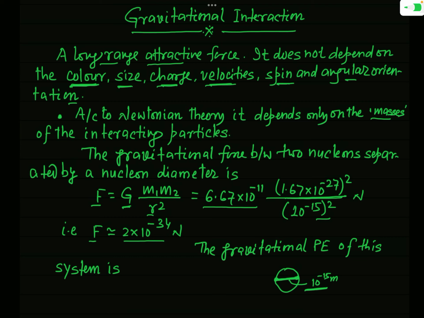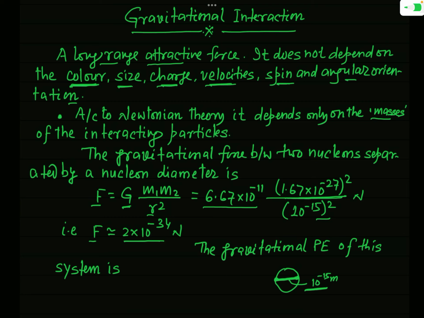And you can see this is a very weak force. When we talk about the gravitational force between two nucleons inside a nucleus, then a gravitational force of strength almost equal to 2 into 10 to the power minus 34 newton acts between them. And this is a very weak force.